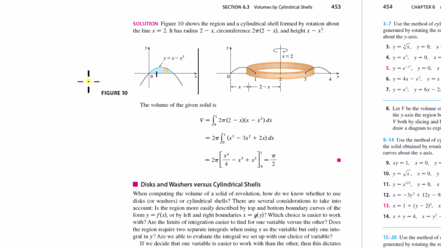Previously, for areas between curves and even volumes by the right cylinder method, we had the independent variable delta x, but then everything else we were multiplying by delta x was based on the function.